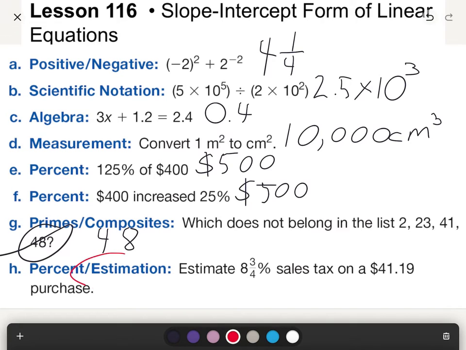And hopefully people noticed, we are talking about estimation. So I can think 9% of $40, and so 9%, I can think like 9/10 divided by 10. So 40, basically 40 minus 10% divided by 10 is what I'm thinking.